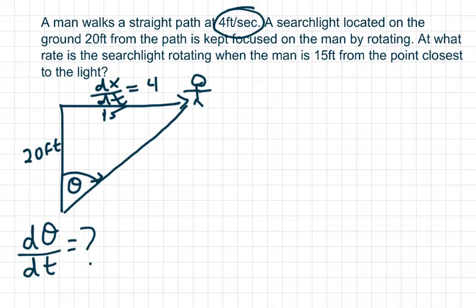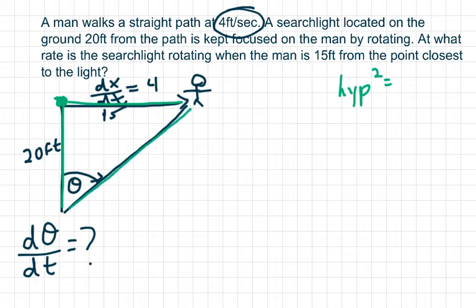Let's see, hypotenuse squared. And I'm just thinking about, for the moment, the guy's at 15 feet from the closest point right here. This is the closest point of the searchlight. And he's 15 feet from there. So at that moment, we can also find how far away he is that way.